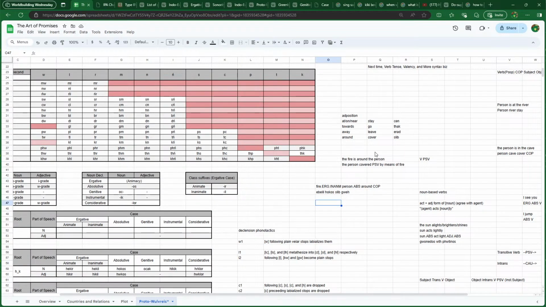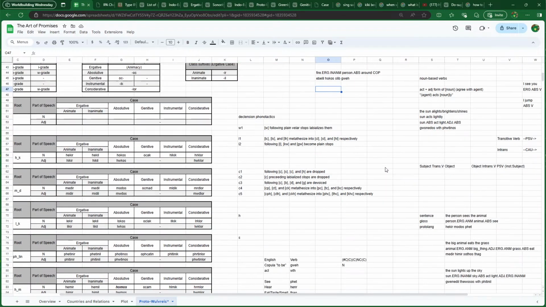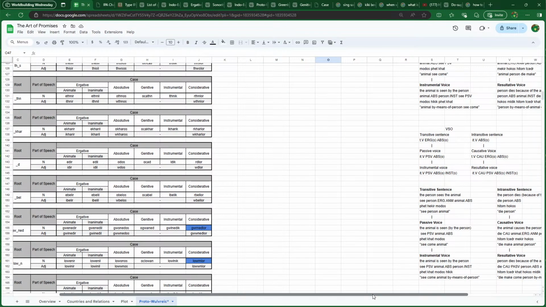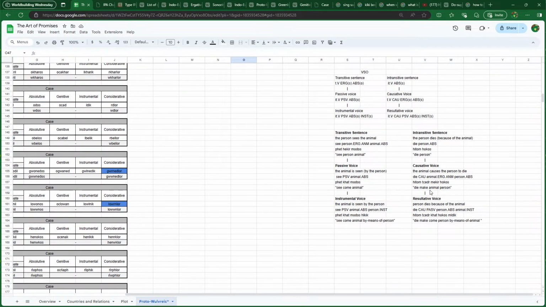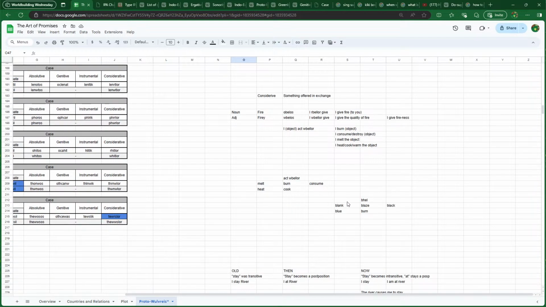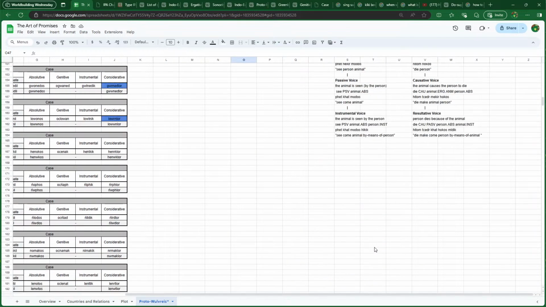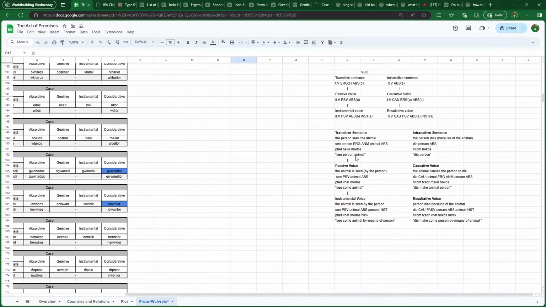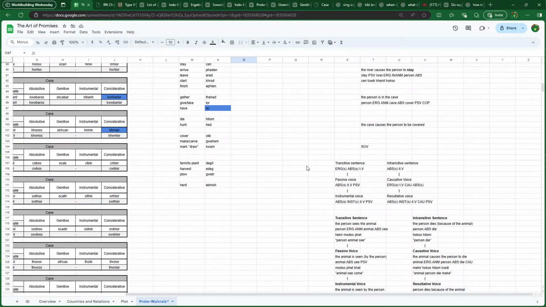So, the person is covered by fire. If we had this, in order for it to function as a verb, it's got to be VSO. And it's the instrumental voice. So, it follows the object, the subject, the intransitive, the passive. Okay.